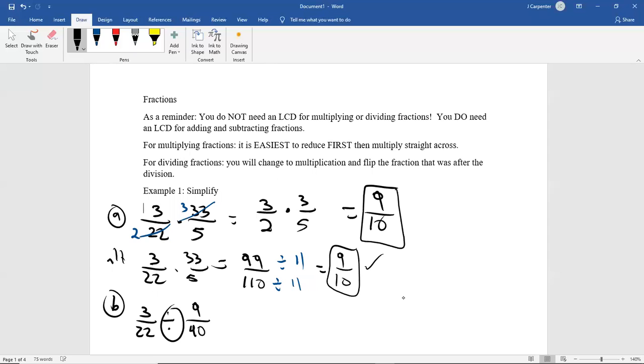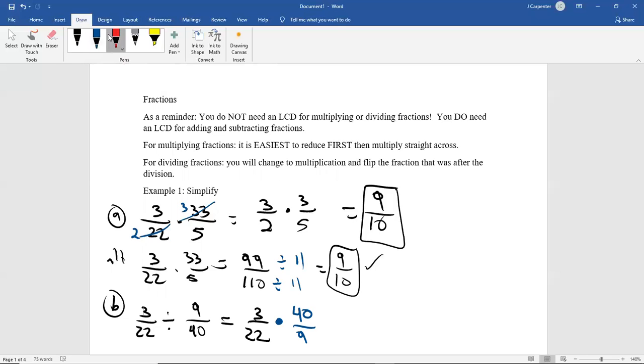So this is a division. For dividing fractions, you change it to multiplication and flip the fraction that was after the division. After, not the before, after. So this is going to become 3 over 22. The division changes to times. Now the 9 over 40 becomes 40 over 9.